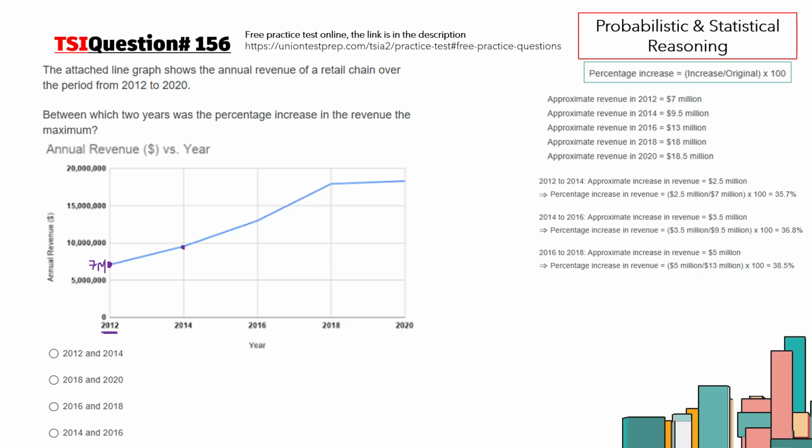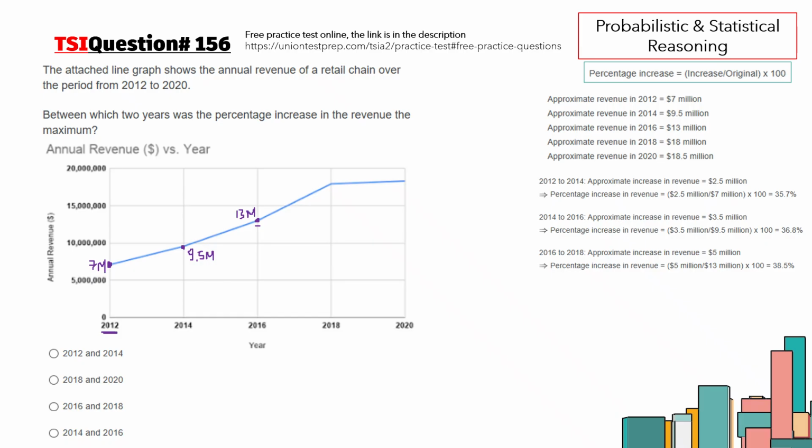It's about 9.5 million. And then 2016 is about 13, because it's above halfway from 10 million to 15 million. So that should be 13.